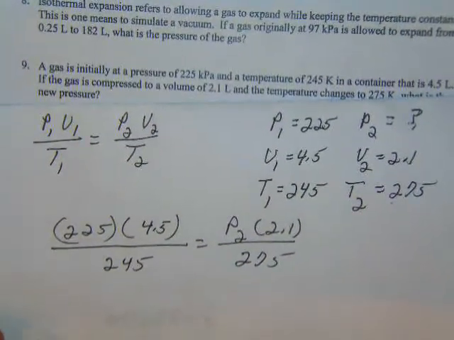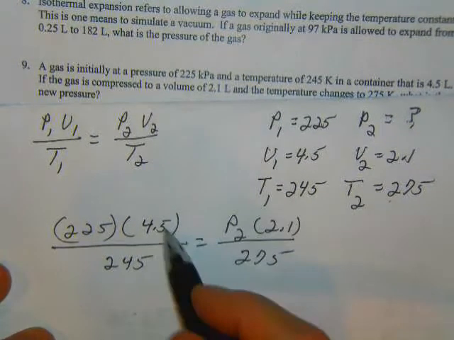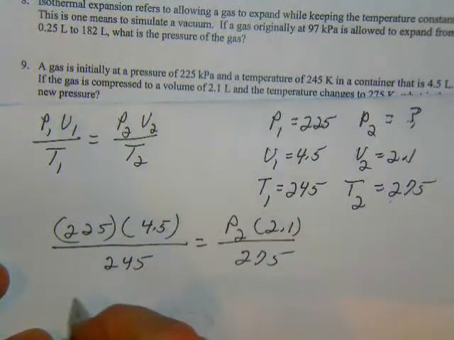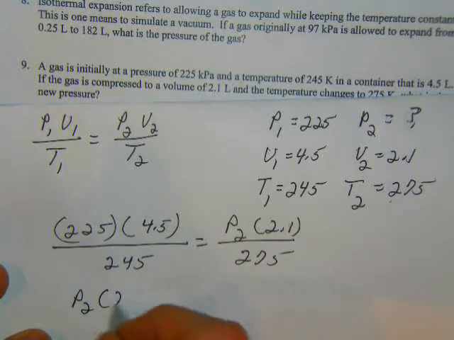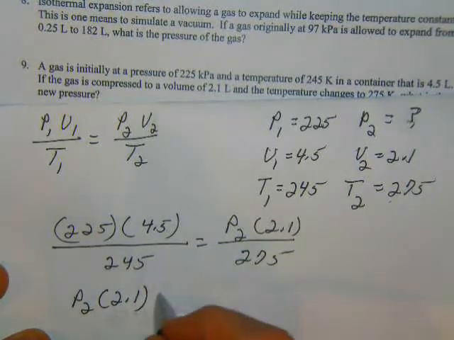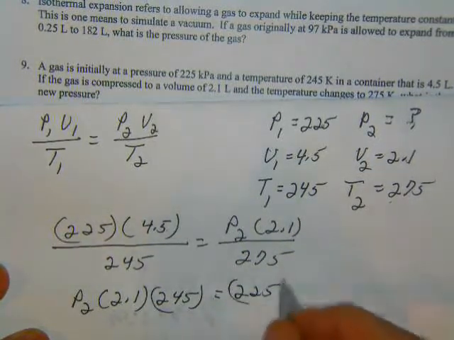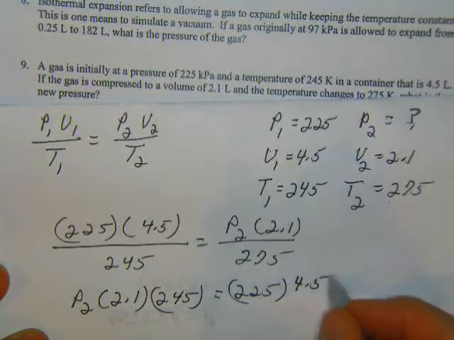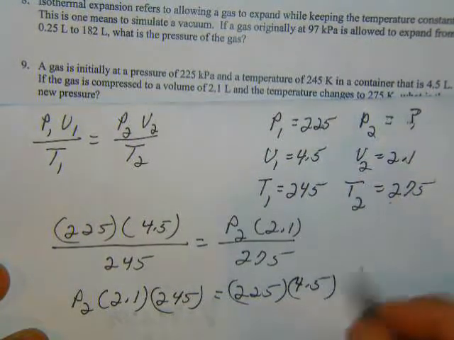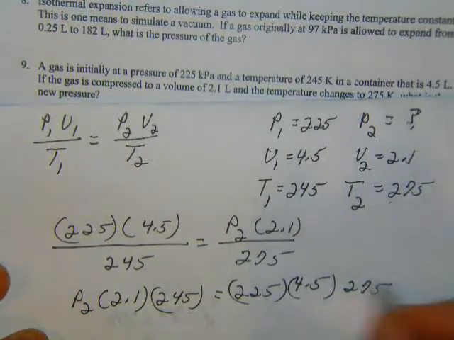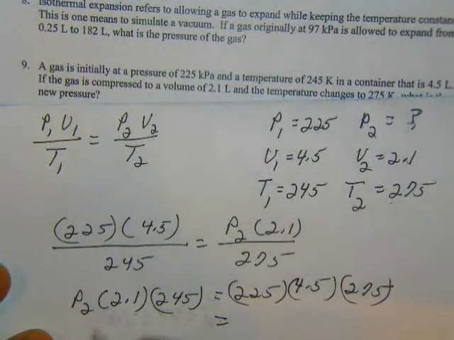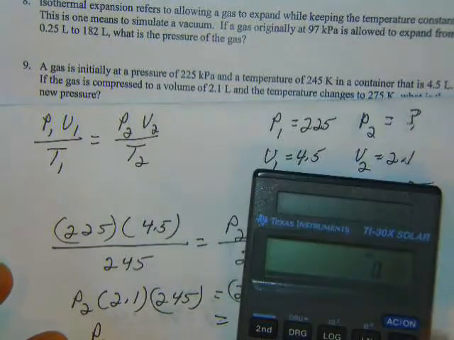So cross multiply: P2 times 2.1 times 245 equals 225 times 4.5 times 275.